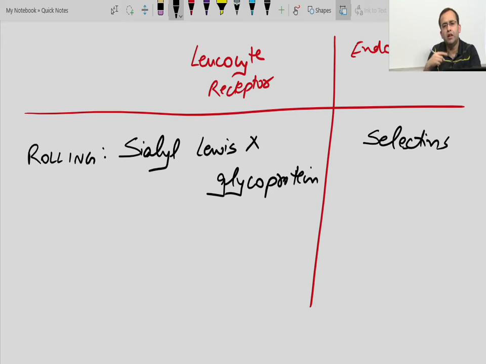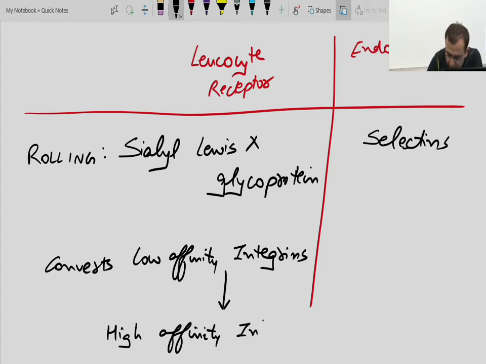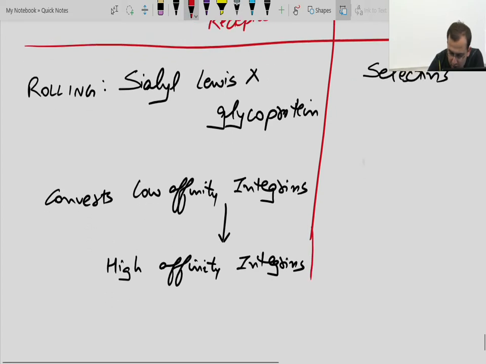When rolling is taking place, it converts low affinity integrins to high affinity integrins. As a result, adhesion occurs.